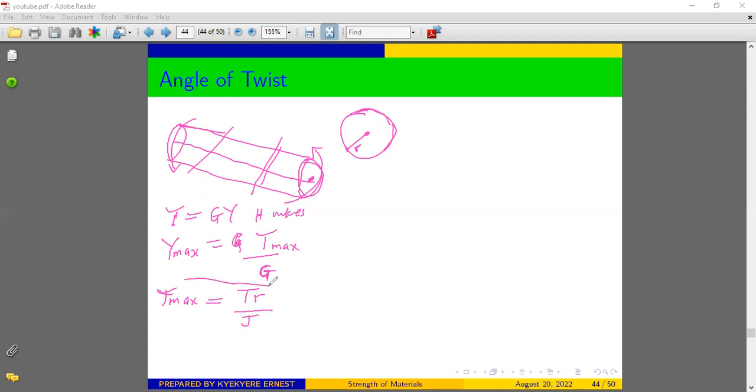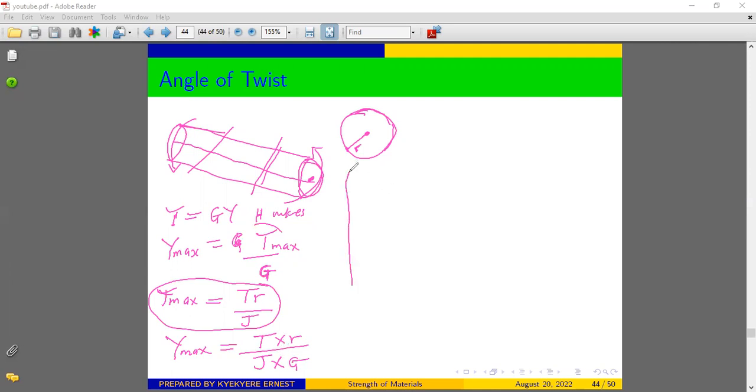Therefore, if we substitute this equation into this formula here, now we are going to get gamma max, which is the maximum shear strain, will be equal to the torque times the radius over the polar moment of inertia times the modulus of rigidity.